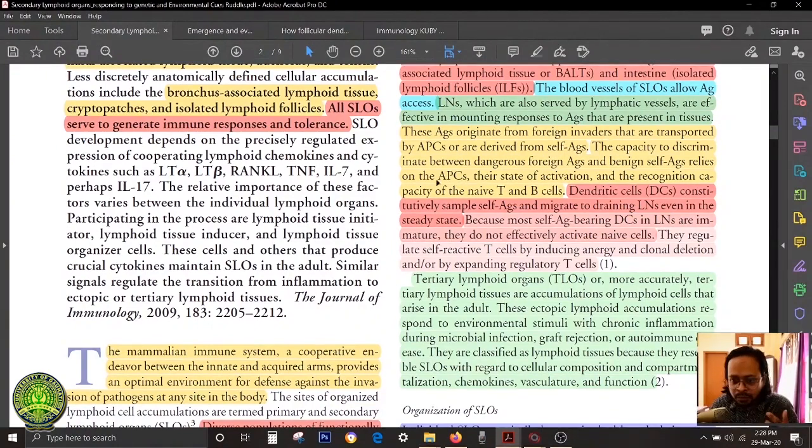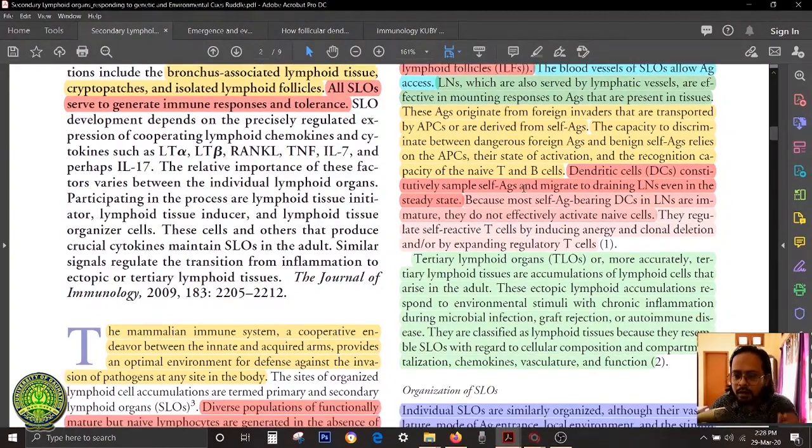The capacity to discriminate between dangerous foreign antigens and benign self-antigens relies on APCs, their state of activation, and the recognition capacity of naive T cells and B cells. Who are going to recognize? Definitely the lymphoid. So lymphoid cells are constituted by B and T cells. Dendritic cells constitutively sample self-antigens and migrate to draining lymph nodes even in steady state.